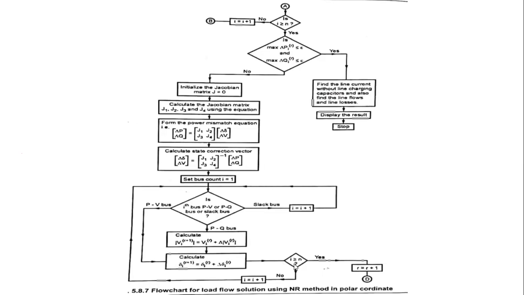Then again we check whether I is greater than N. If it is satisfied, then R is equal to R plus 1. This is the same procedure as at the top of the flow chart. After all the calculations, again we check whether I is greater than or equal to N. If this condition is not satisfied, then I equal to I plus 1.